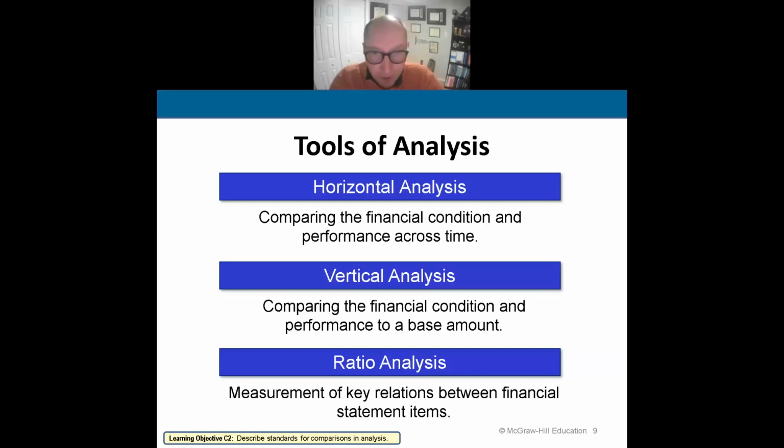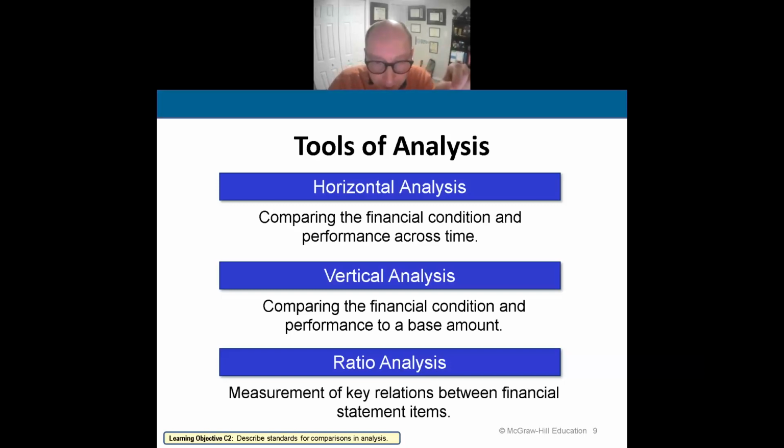Horizontal analysis. This is where we compare our financial performance across time. Here's what I mean by this. I can use horizontal analysis to compare my company's performance from 2022 to 2021. I can compare 2021 to 2020. I can compare all three years through horizontal analysis.